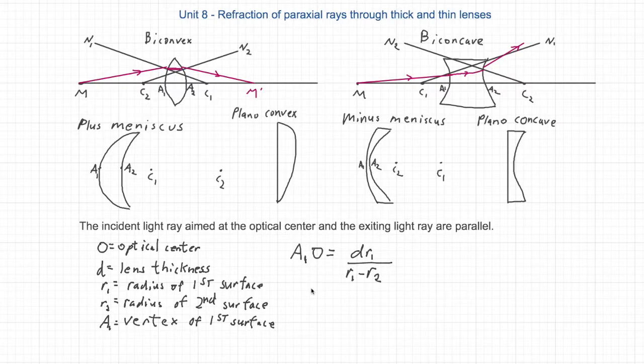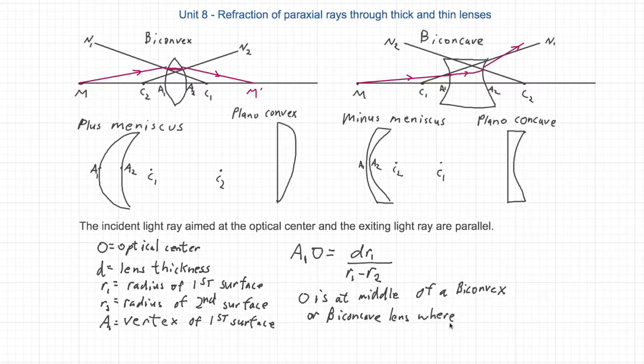Now, if you plugged in real numbers, you could figure out for yourself that if you have a biconvex or biconcave lens, where the absolute values of the radii of curvature of the first and second surfaces are equal, that means R sub 1 equals negative R sub 2, the optical center turns out to be right in between, midway between the first surface and the second surface. And another important thing to know is the optical center is right on the surface of a thin lens.